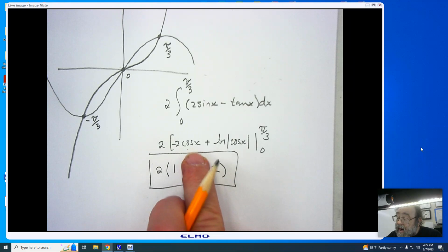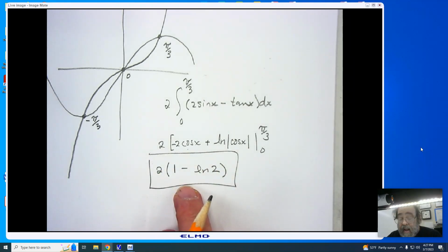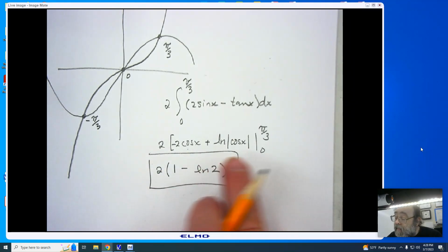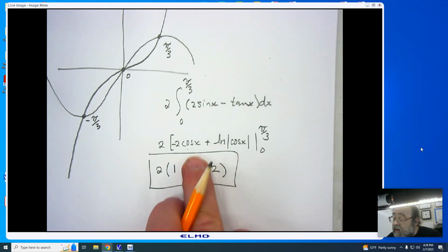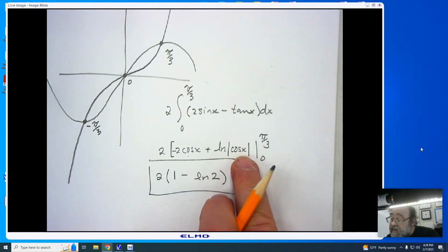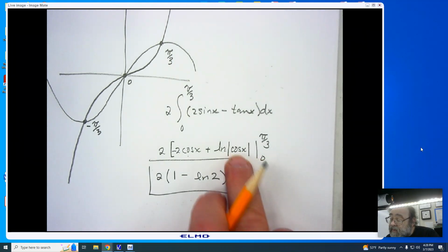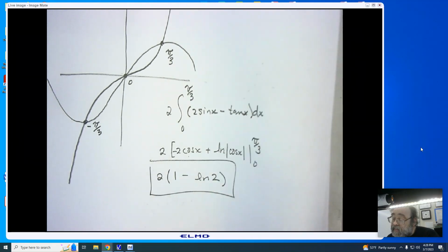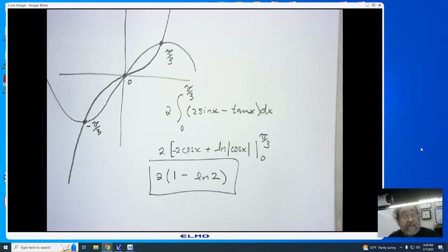Please remember, this is our 1/2. That's giving me a negative 1, and I believe I have it from the minus. 0 gives me minus 2. So hopefully you can see that as we multiply through. Once again, this is a 1/2. Cosine of 0 is a 1. You're subtracting, and it does simplify.